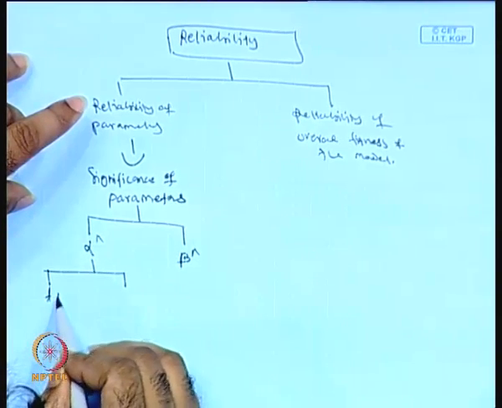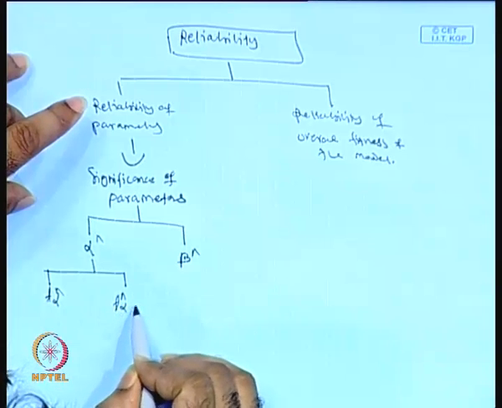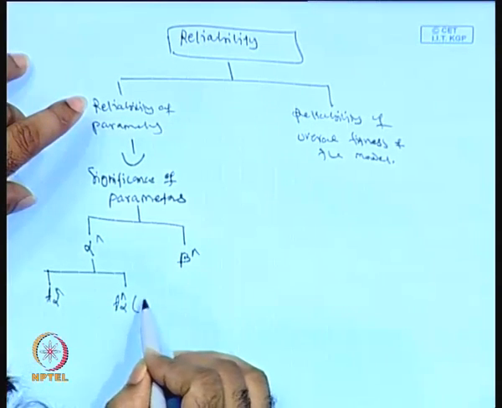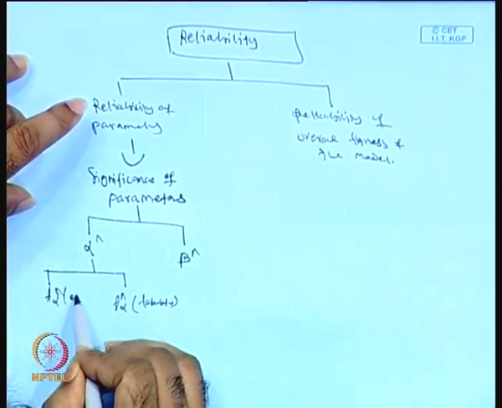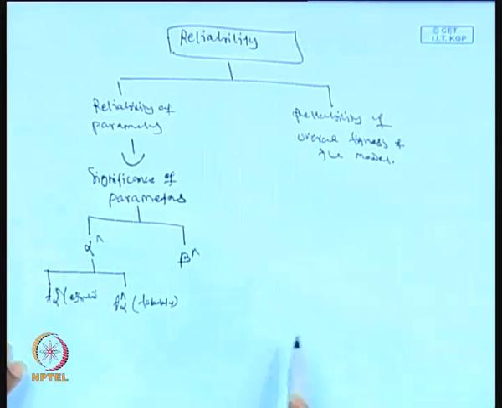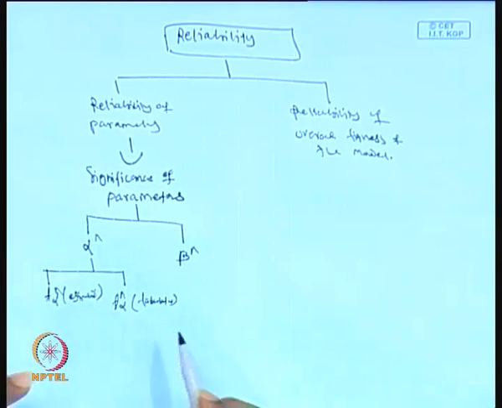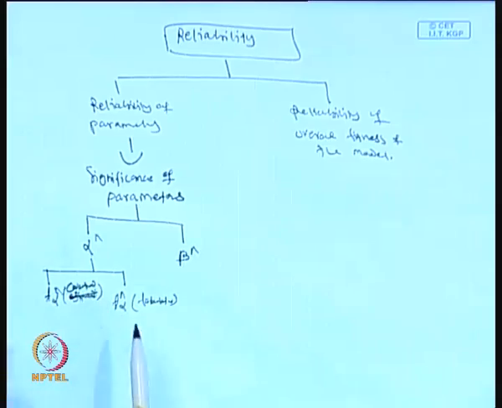So, we like to know T of alpha head, the tabulated value, and the calculated value. This is not estimated, in fact we call it a calculated value. Okay, calculated T statistic and tabulated T statistic.